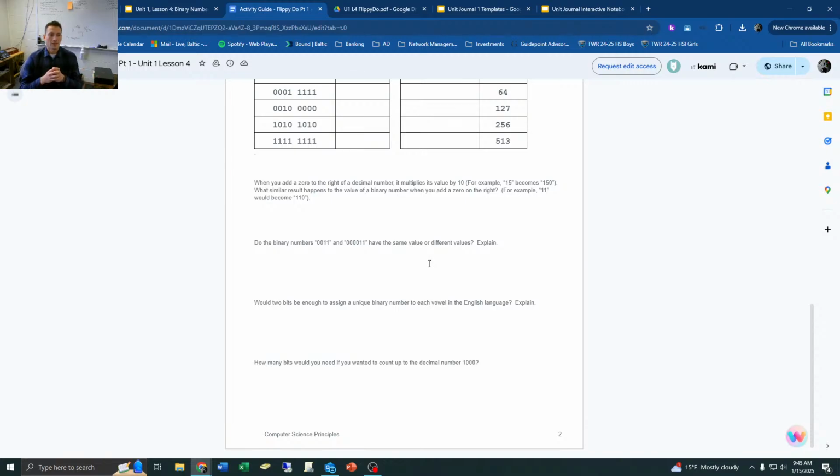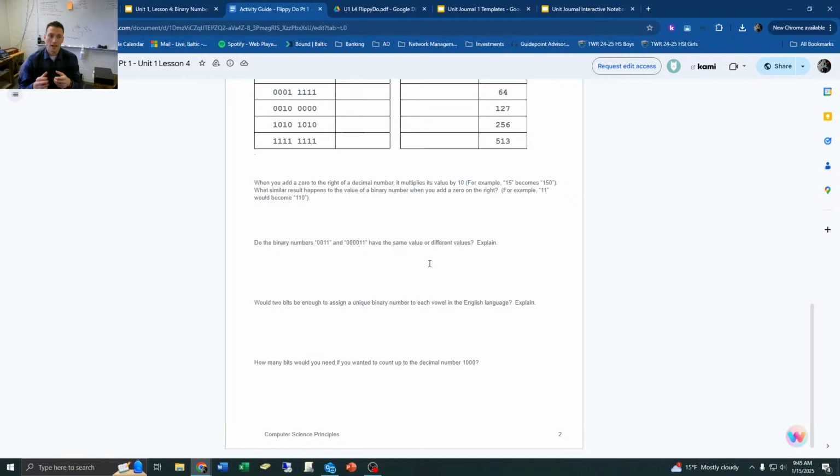Would 2 bits be enough to assign a unique binary number to each vowel in the English language? Explain. Okay, if we have 2 bits, how much in decimal value do we have to work with? Well, if we have a 1 in the 1's place and a 1 in the 2's place, we only have a 3, right? 11 represented in binary is 3.